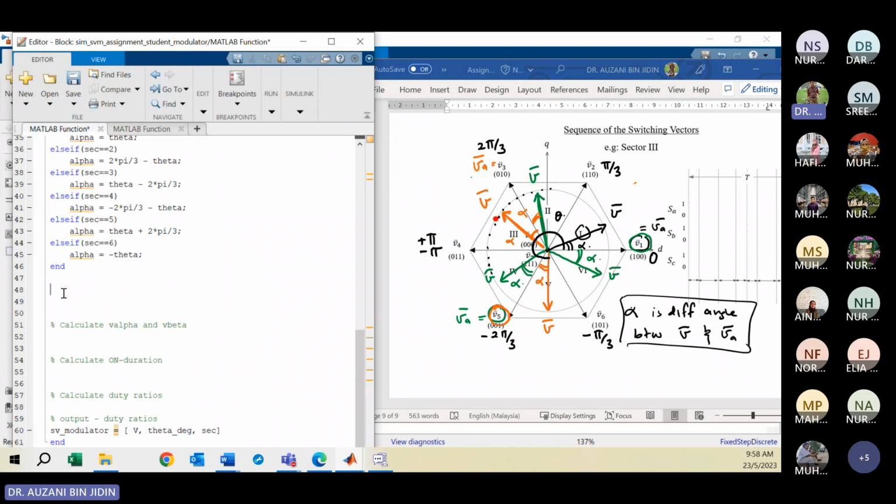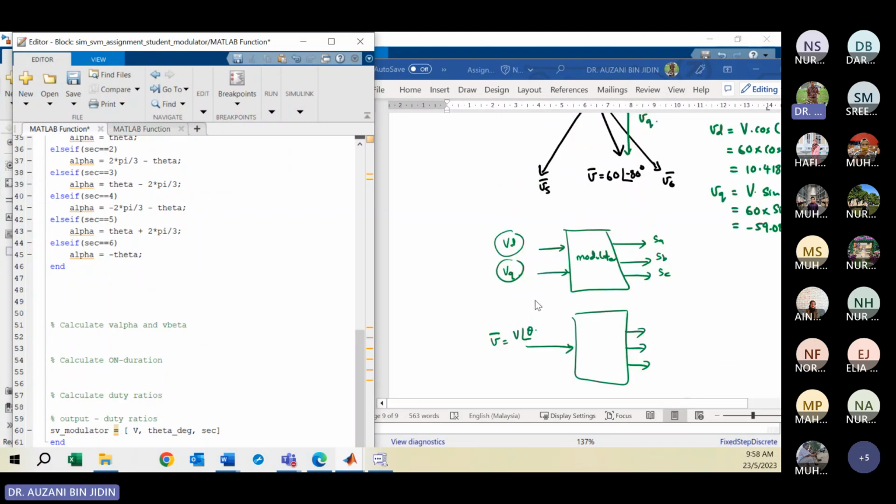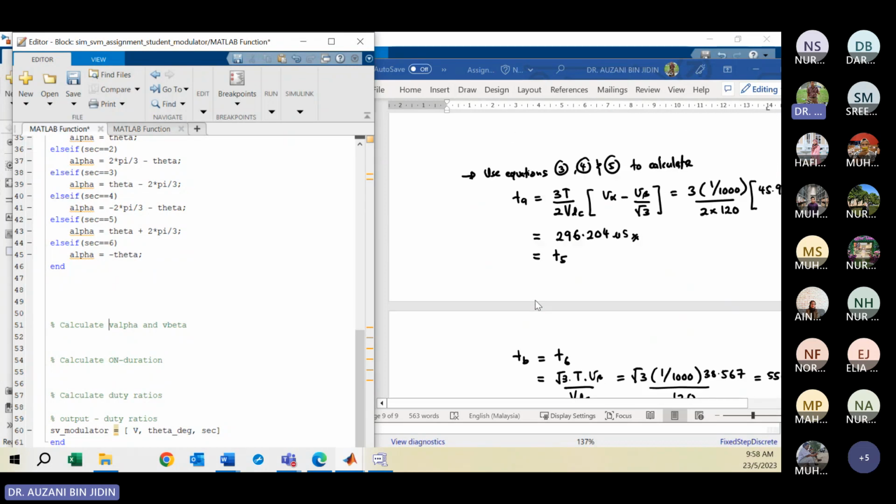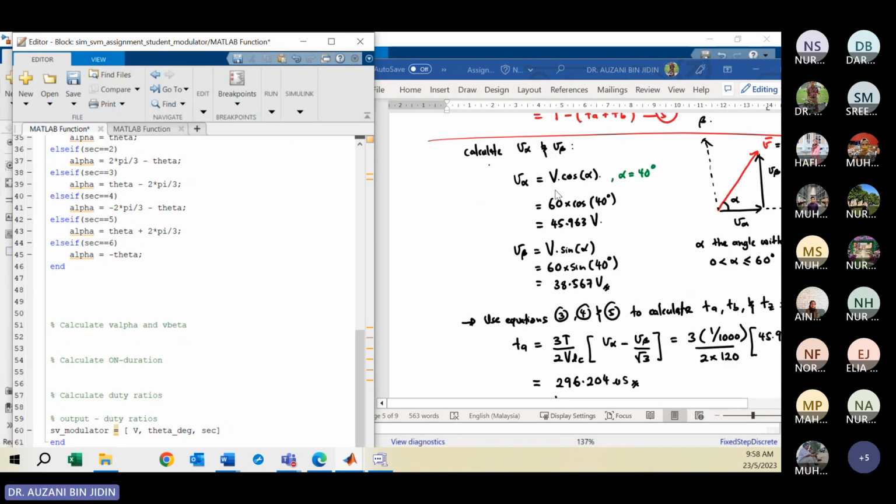Okay, class, please do the rest at home: the calculation for V alpha, V beta, and on time. Refer to the tutorial that we discussed yesterday. You apply the equation for V alpha, the magnitude multiplied with the cos function, and V beta multiplied by the sine function.